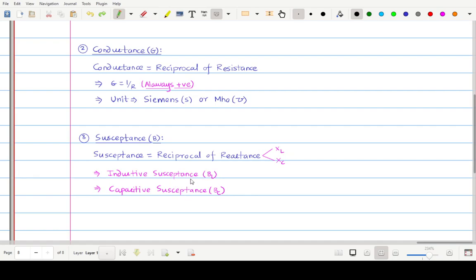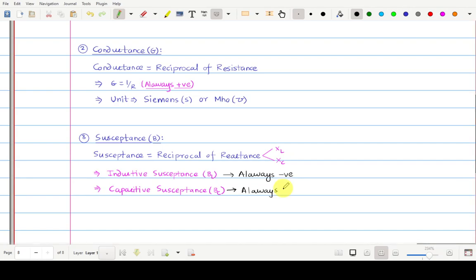One thing you have to remember, if instead of BL and BC only B is given, then focus on the sign of B. If it is negative, definitely it is inductive susceptance. If it is positive, definitely it is capacitive susceptance. So you have to remember, inductive susceptance is always negative and capacitive susceptance is always positive.